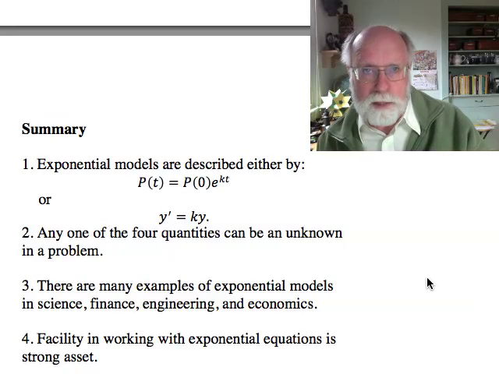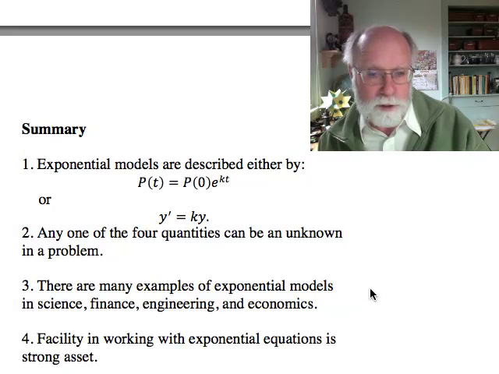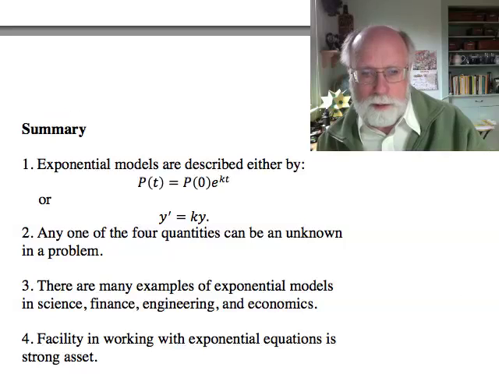There are many examples of exponential models that are used in many different disciplines, and I haven't mentioned it, but in fact it's a key part of understanding the climate change models. And facility with working with exponential equations is going to be a strong asset for you in dealing with these problems.